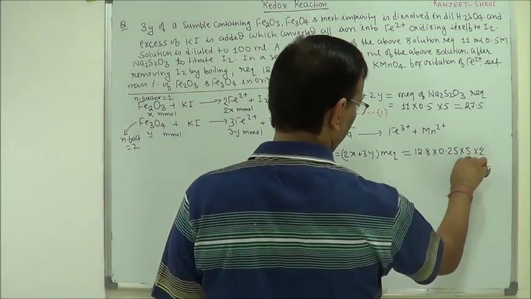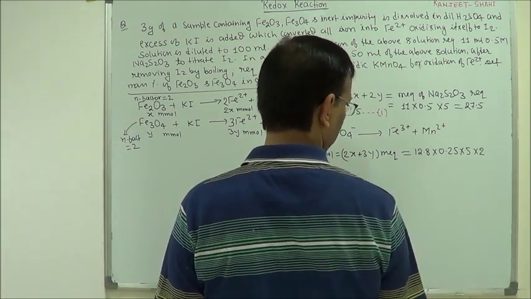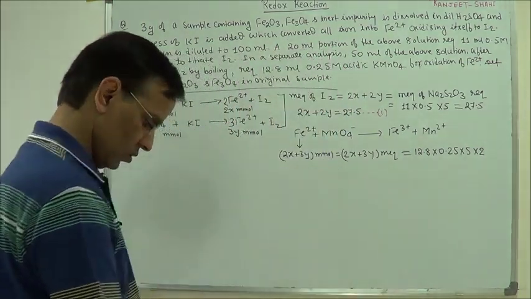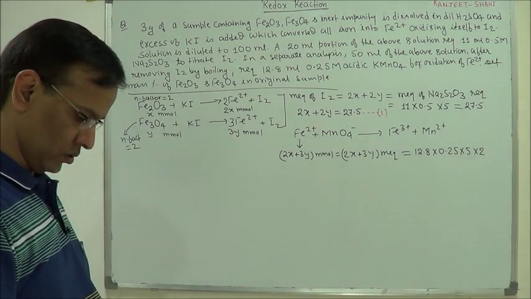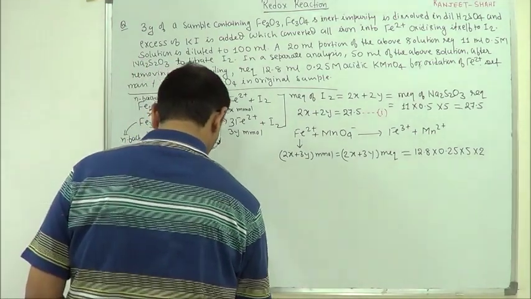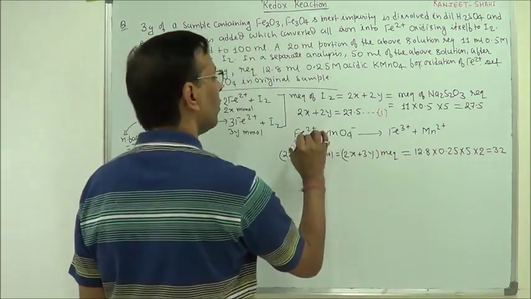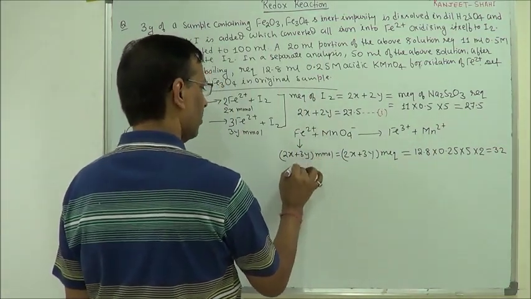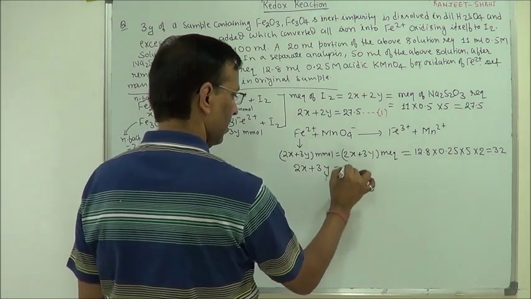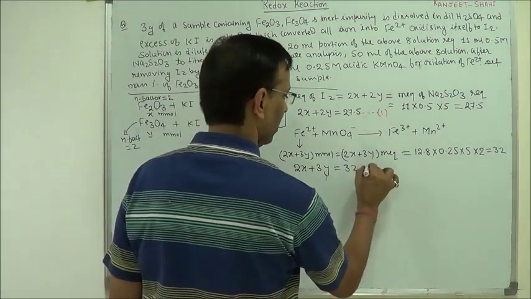If we solve it, 5 into 2, 10 into 12.8, so 128 divided by 4. It is 32. So we have got another equation in x and y. So 2x plus 3y is equal to 32, and this is the second equation.